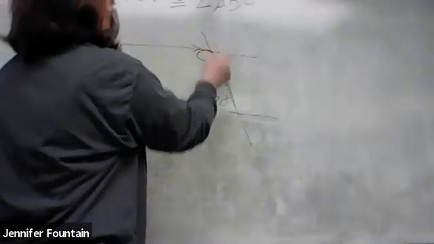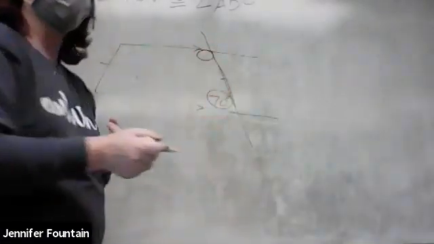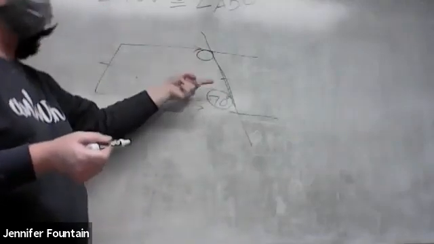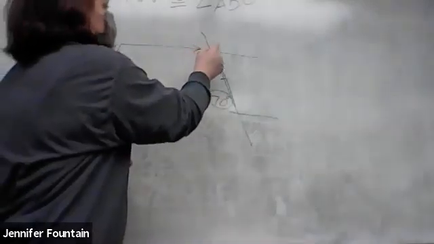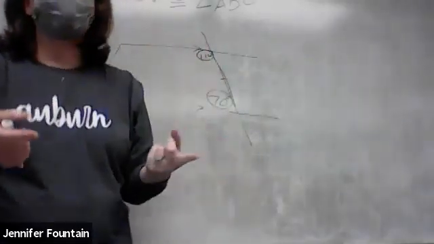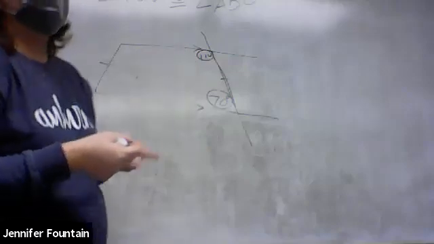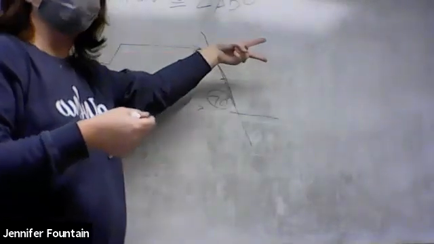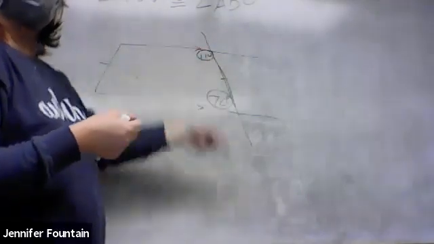This angle here plus this angle here equals 180. Remember, consecutive angles equal 180. So if this one is 70, this one's 110. So when you said 110, you were right, but I wanted you to know why. It's because consecutive angles add together to make 180. If I extend these lines out, it's the same as having parallel lines with a transversal.